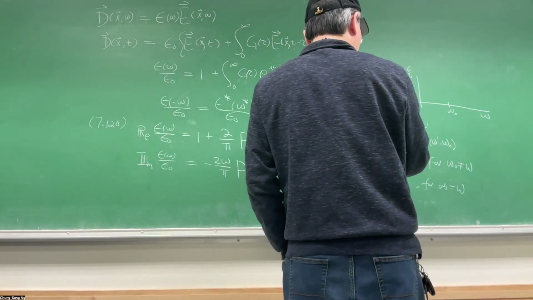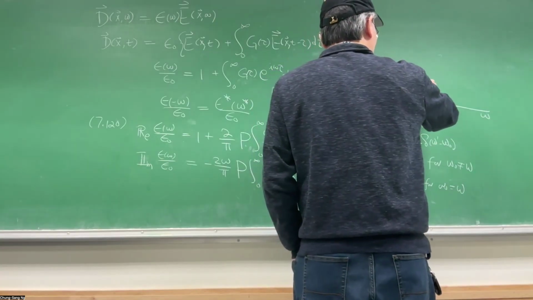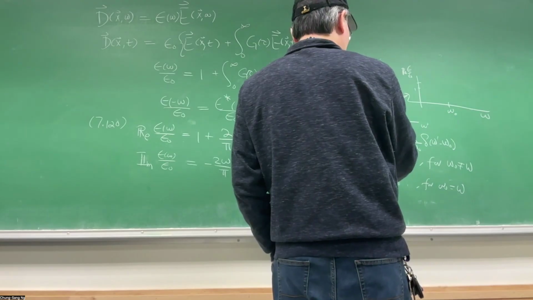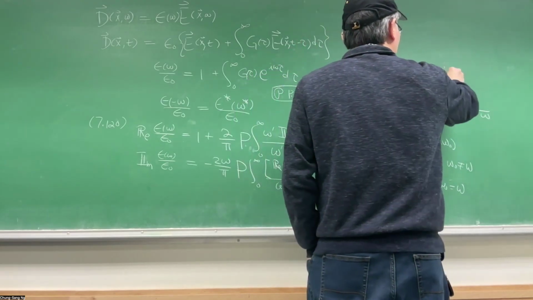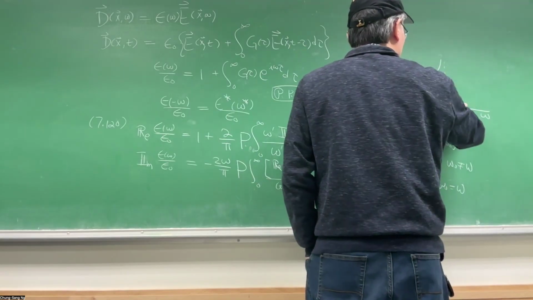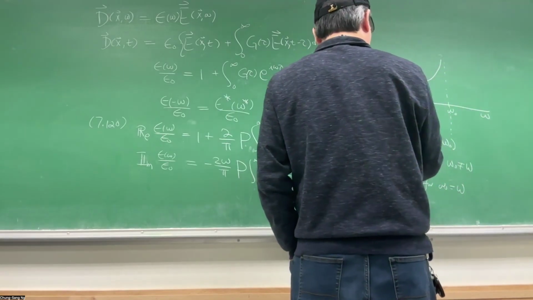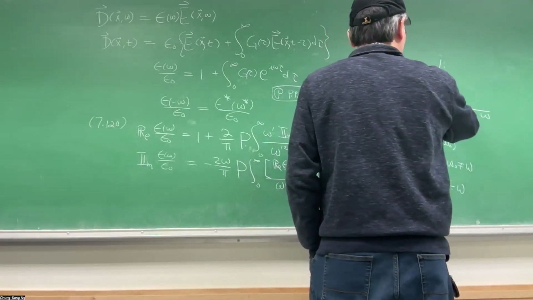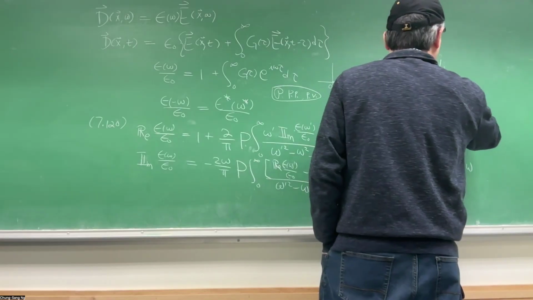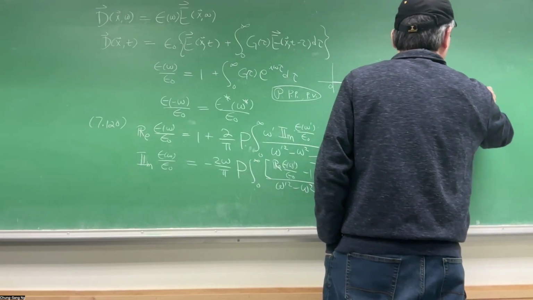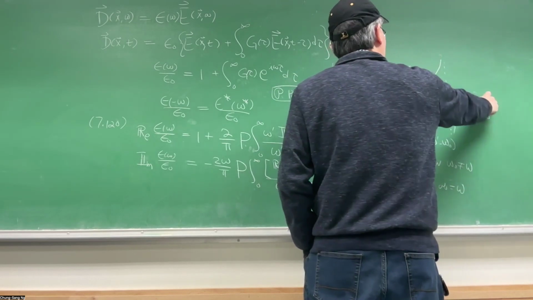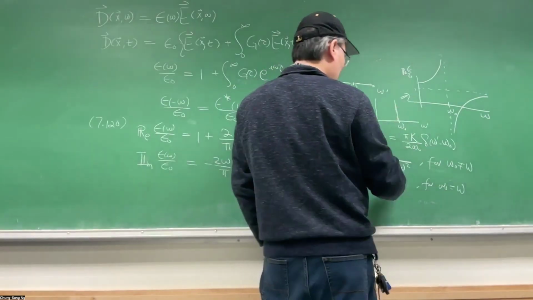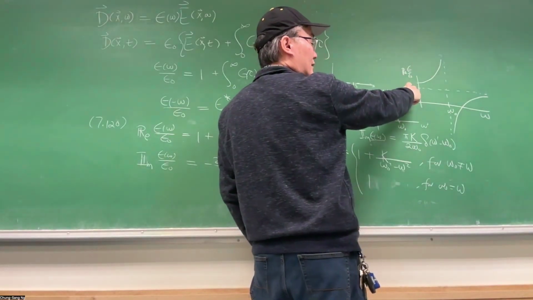So when omega is somewhat greater than omega 0, because we set this to 0 with k divided by omega sub 0 square, it goes to infinity, and then when it is smaller than that, it actually becomes negative. This term becomes negative, but then goes back to positive some distance later, and then goes to infinity this way. So that's the real part. The imaginary part is like that, in the real part.